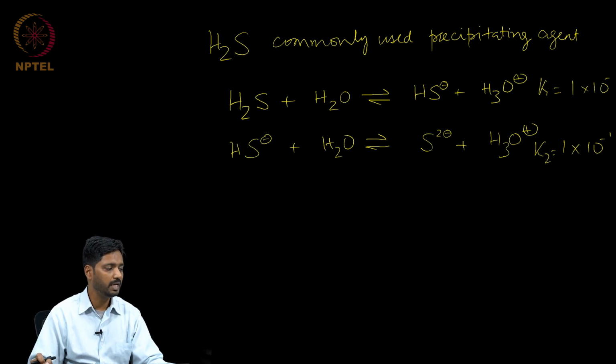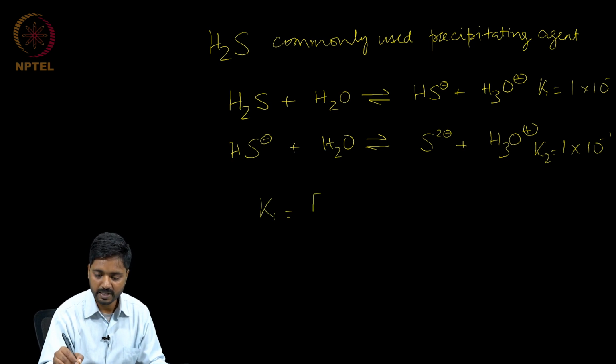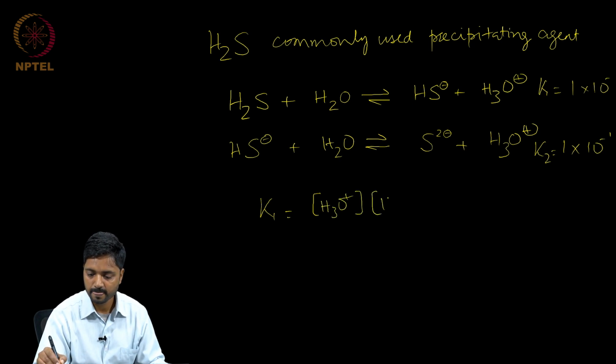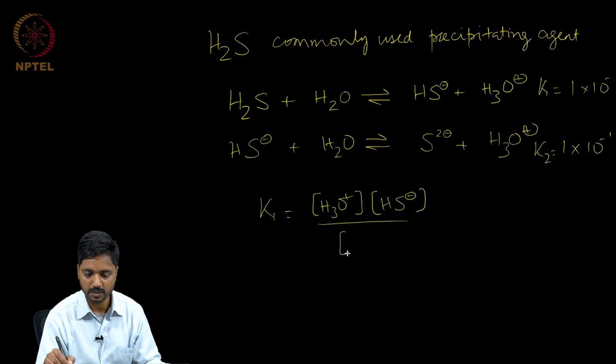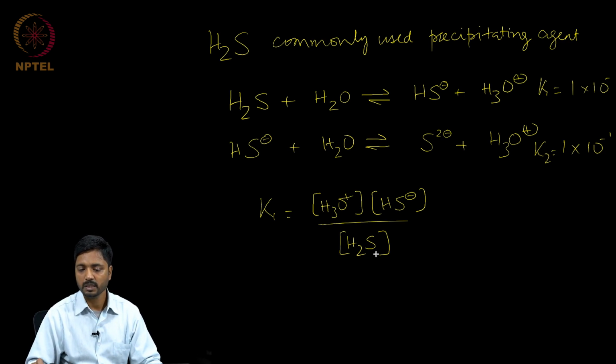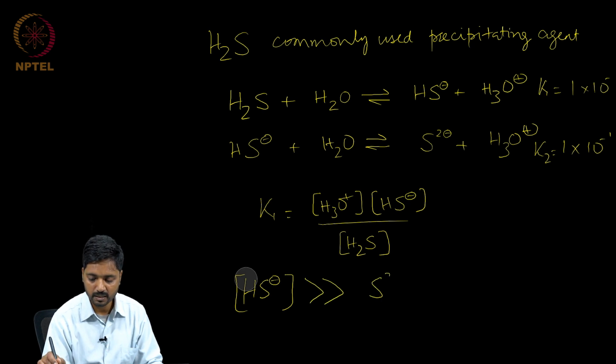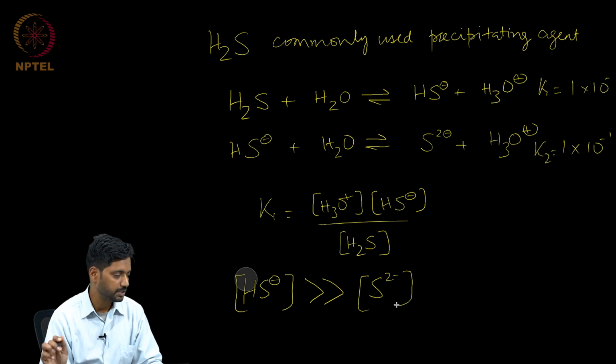So, what we see here is that K1 can be defined as the H3O plus concentration times the HS minus concentration divided by the H2S concentration. And typically, based on the equilibria that we just mentioned, the HS minus, the monoanion concentration, is significantly greater than the dianion concentration.